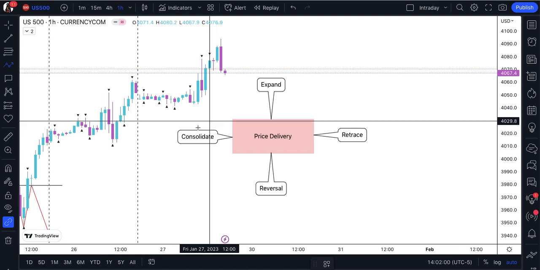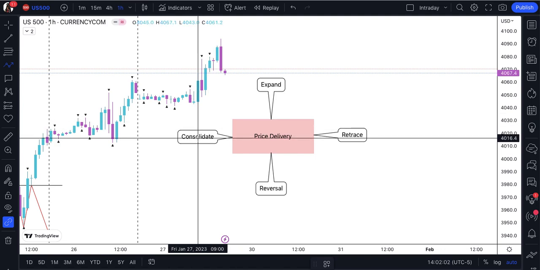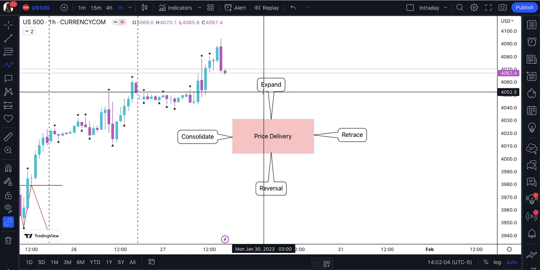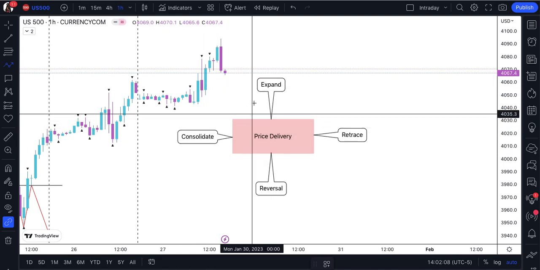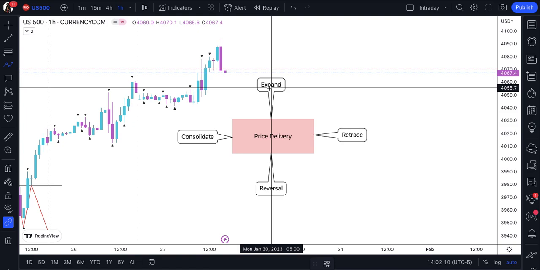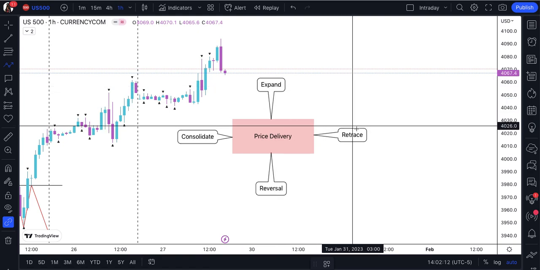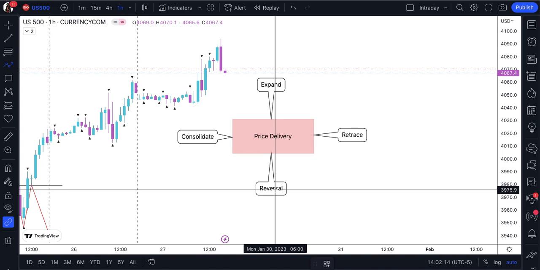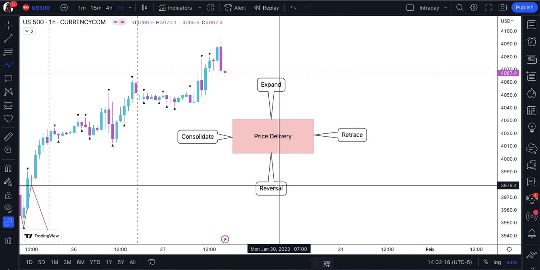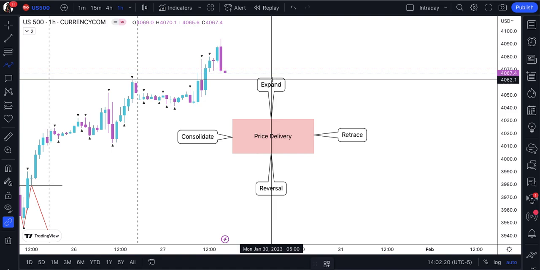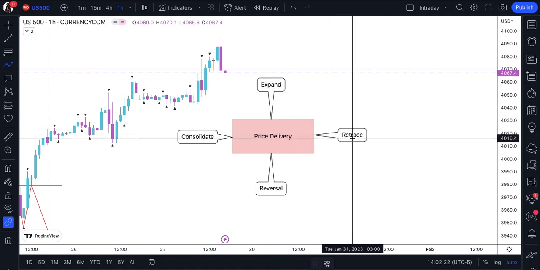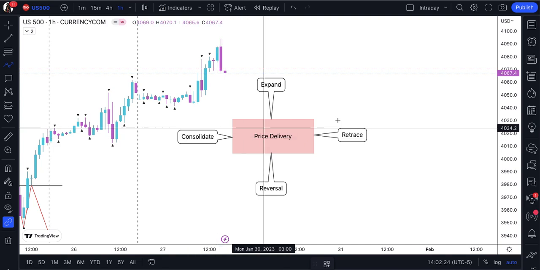Or it'll consolidate. Expansion is always going to be the next phase after this. And after expansion, you can either get a retrace or a reversal. If it reverses, then it's going to be another expansion. If it retraces, it's going to be another expansion.